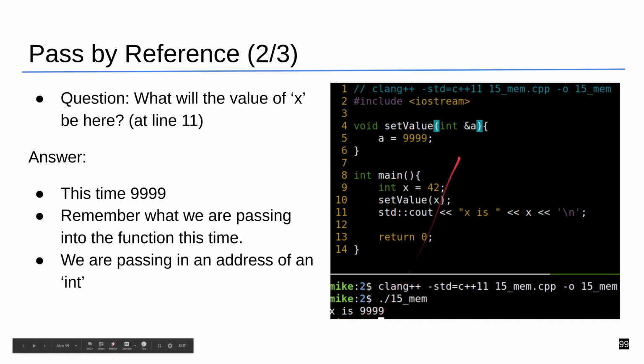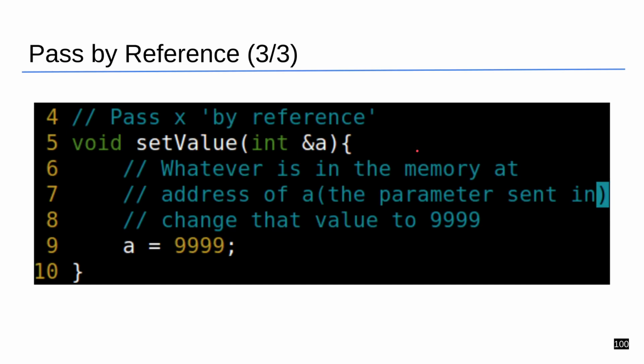Okay, and this is a new C++ thing where we can pass by reference by just passing the address of a variable here. It doesn't make a copy, it passes the actual address of this X here, and then X is set equal to 9999. You can think of this A as an alias here, and then the value is reset. Okay, so pass by reference here, and here's just a sort of note on it.